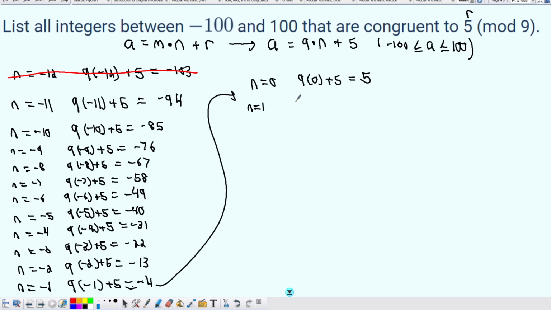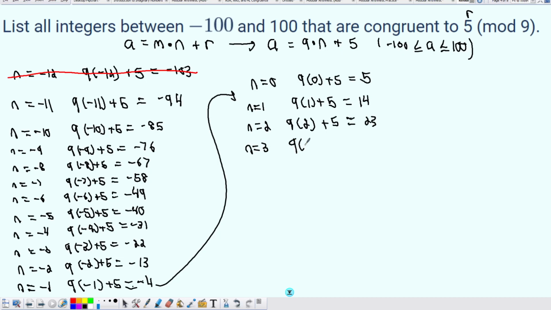N equals 1. 9 times 1 plus 5 is 14. N is 2. So 9 times 2 plus 5 is 23. Then we have N is 3.